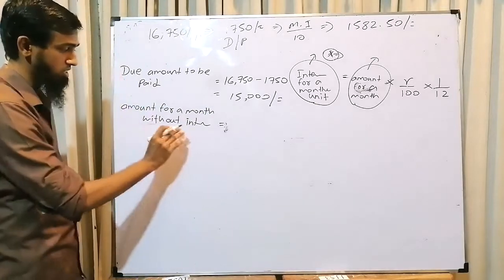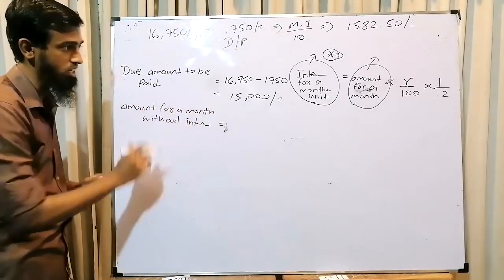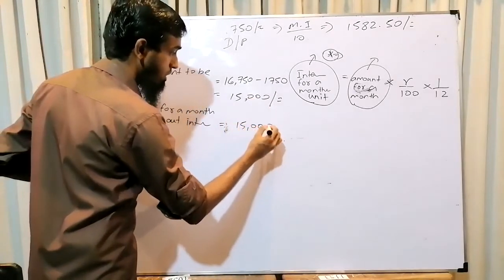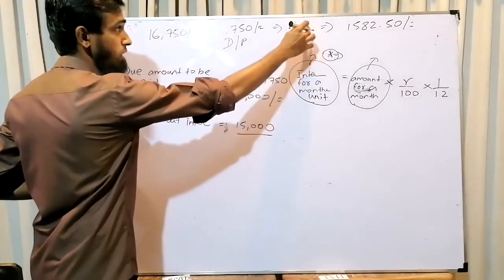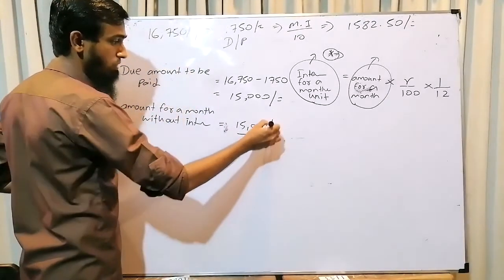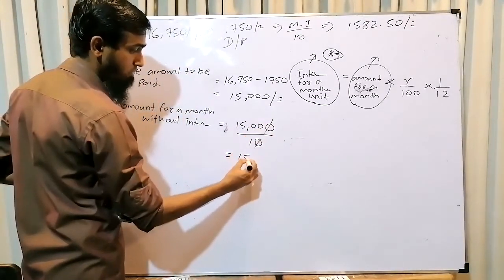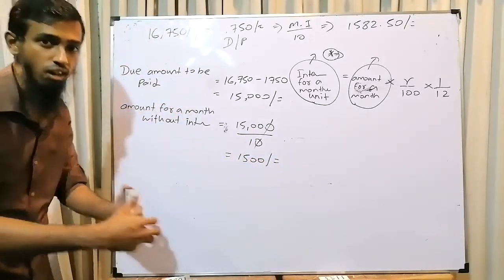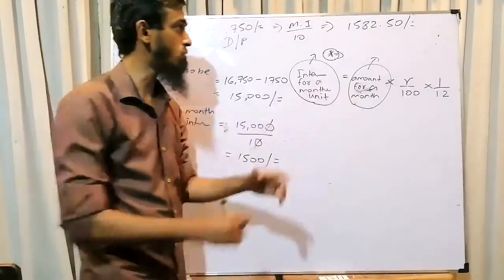That's why I wrote it like this: amount for a month without interest. So the due amount 15,000 is divided by the monthly installments. Monthly installments are 10. So if you divide, it is 1,500 rupees you have to pay each and every month. So we found one.